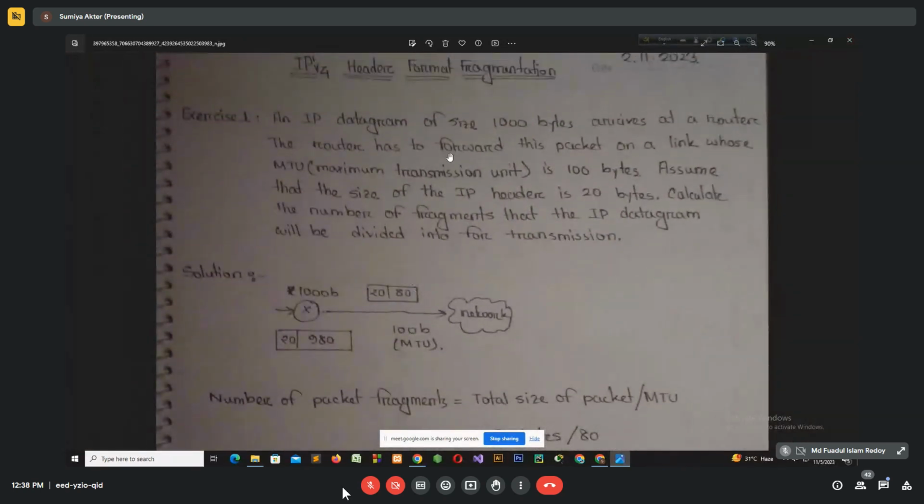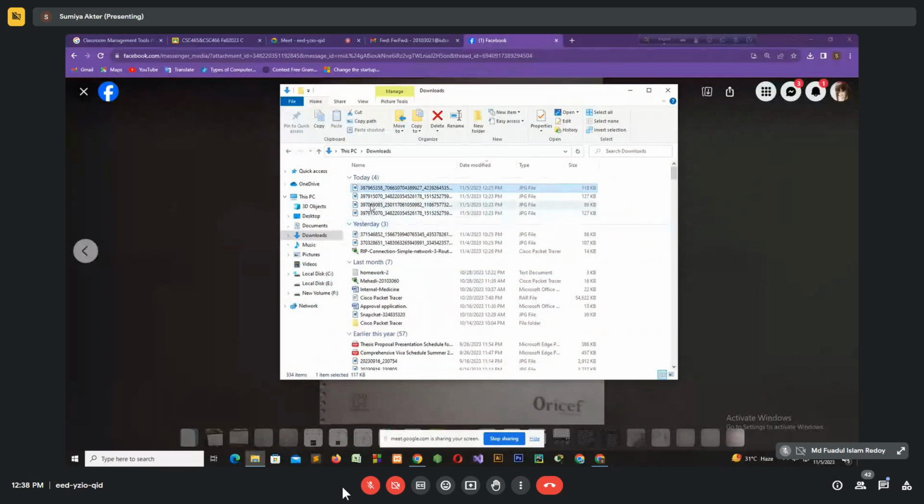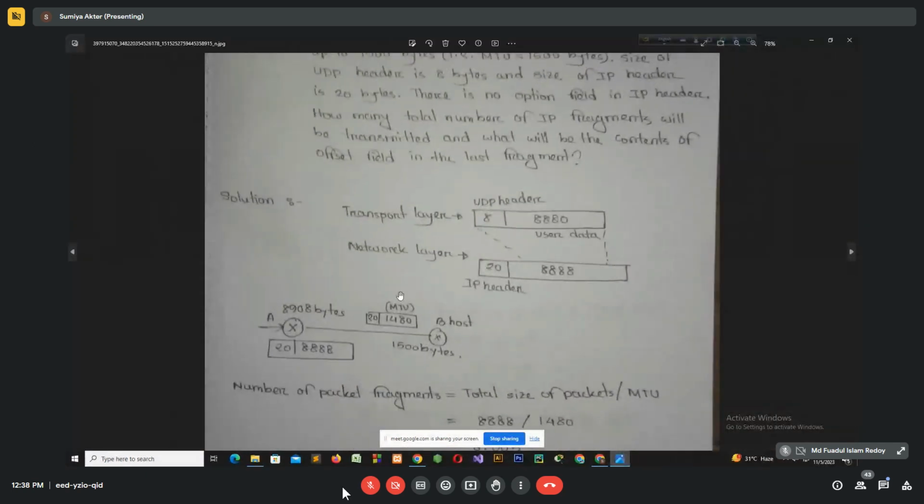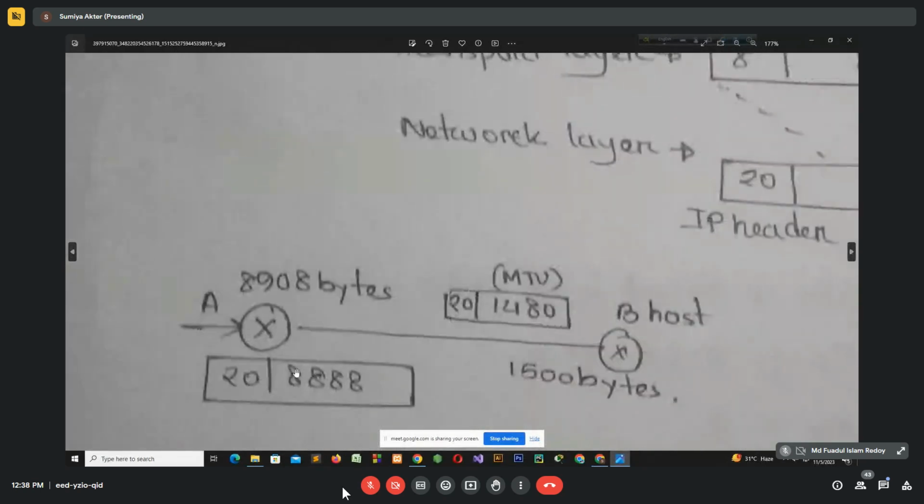I will tell you again that the IP datagram value is 1,000 bytes here. This part is the IP header and this part is my data. So all together it is my IP datagram. Now you understand it?